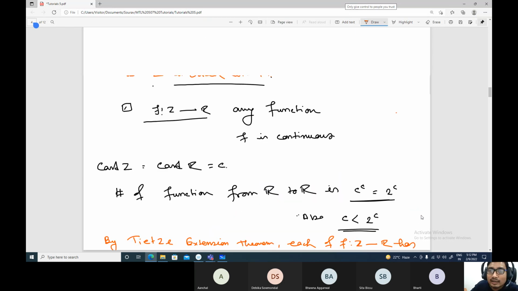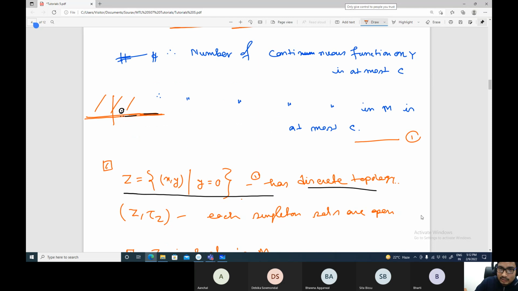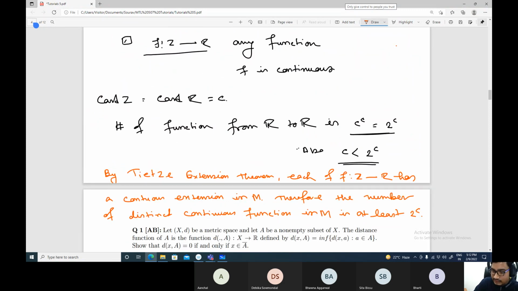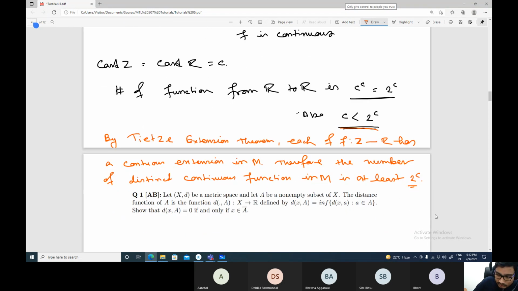But what we got here in 1 is that the number of continuous functions can be at most C. But we have C strictly less than 2 power C by the continuum hypothesis, and the number of continuous functions in M, if M is normal, should be at least 2 power C. So we get a contradiction, right? Clear?